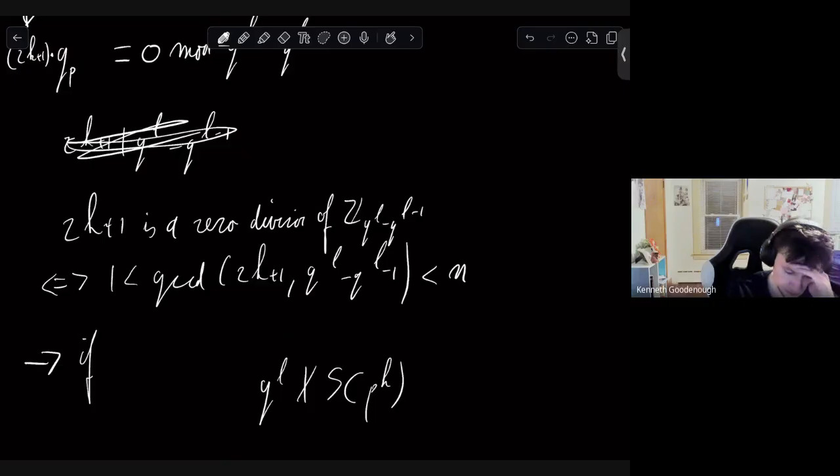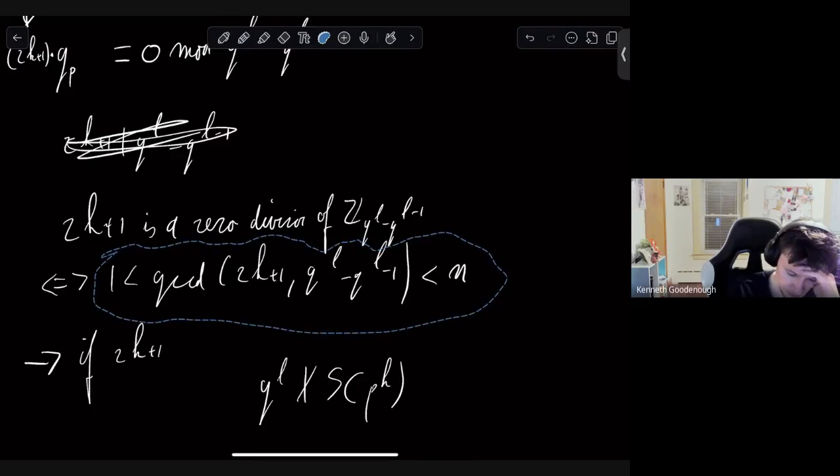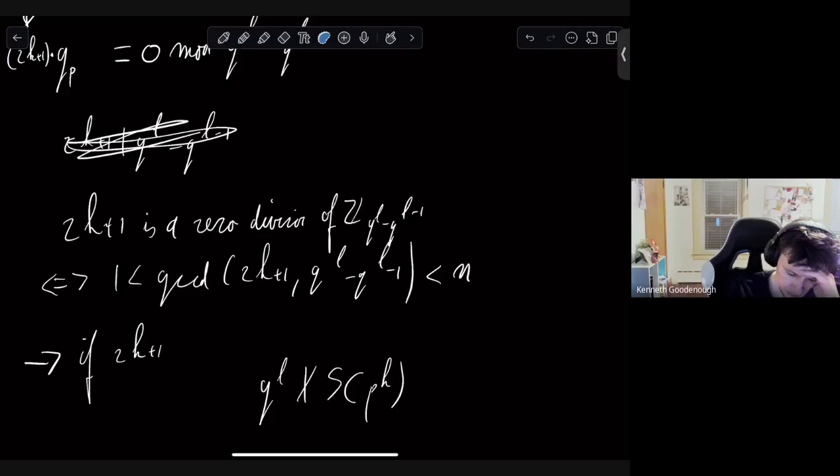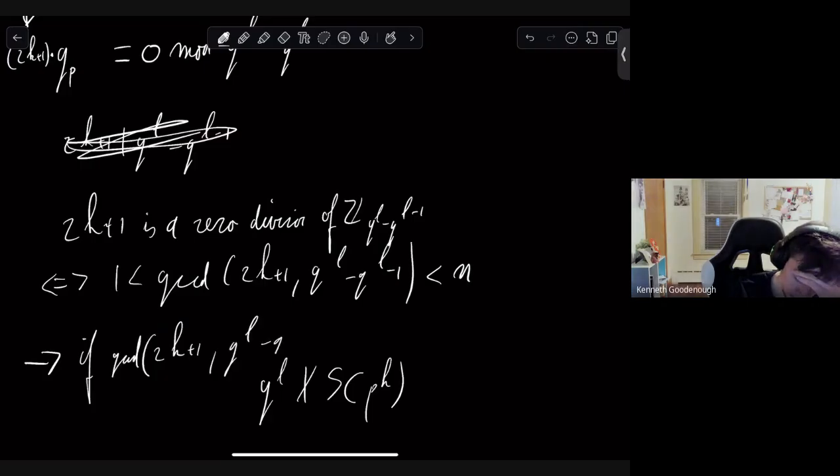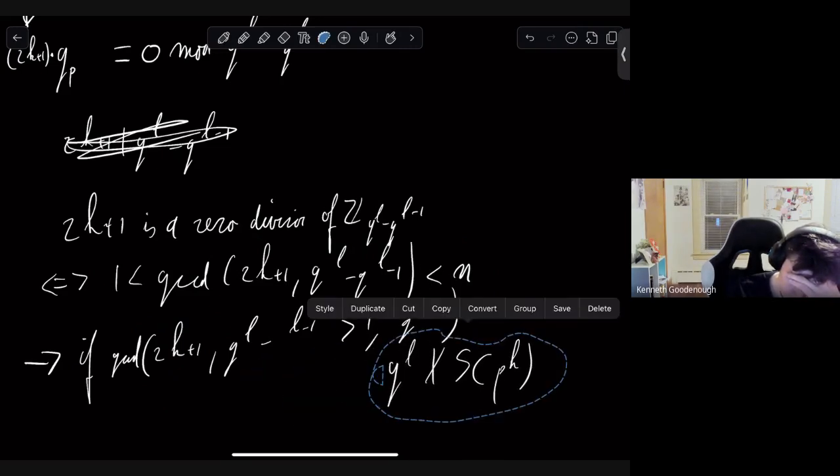If 2k plus 1, no, actually, the statement here: if the GCD of this guy and this guy and this guy is greater than 1, oh, that's annoying.